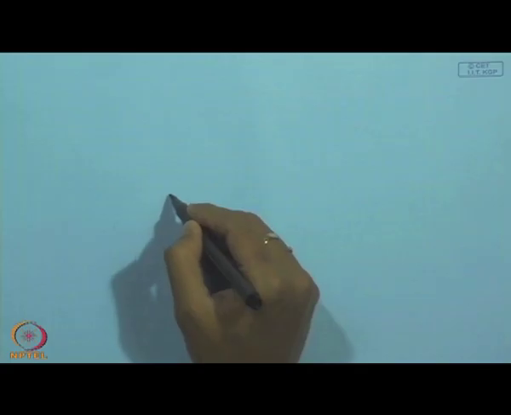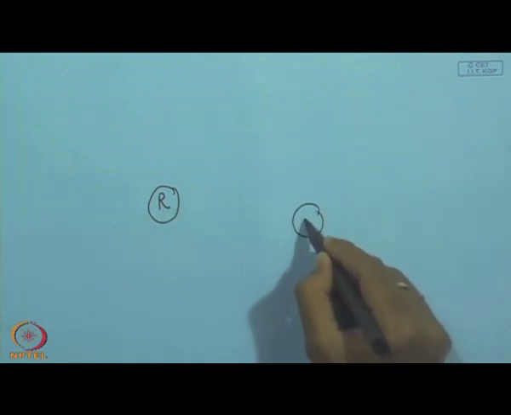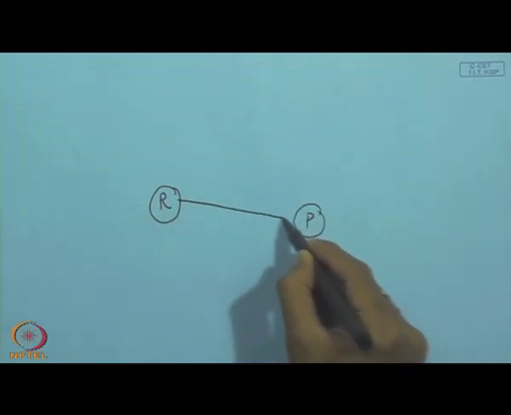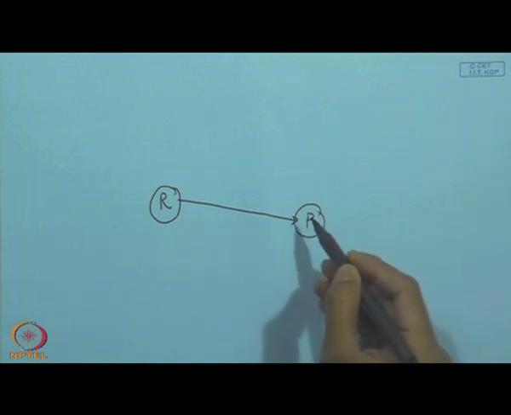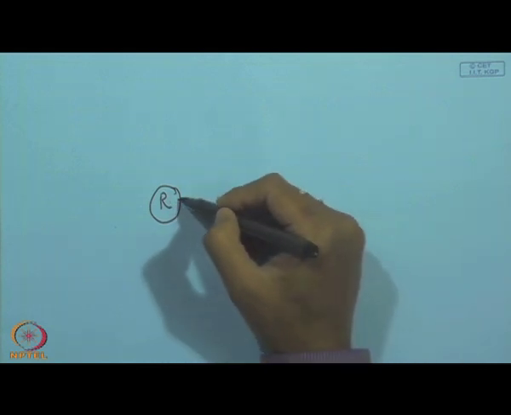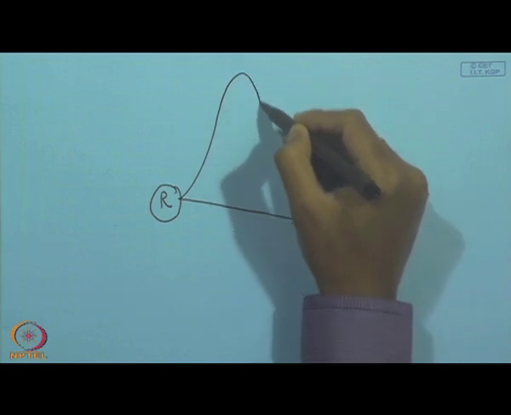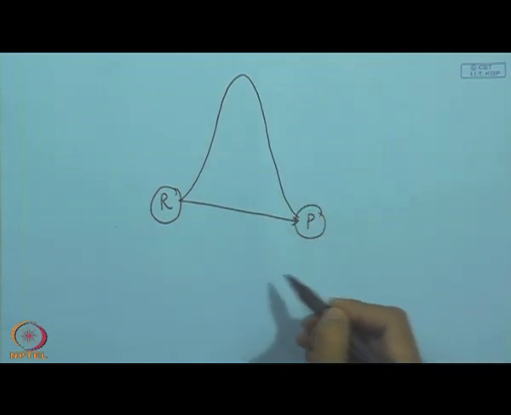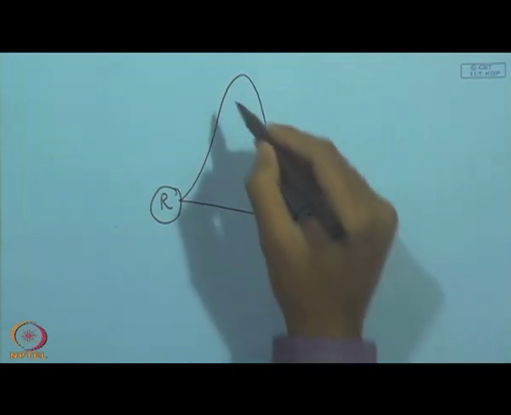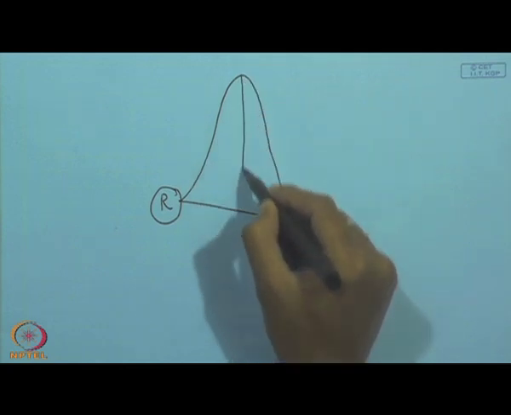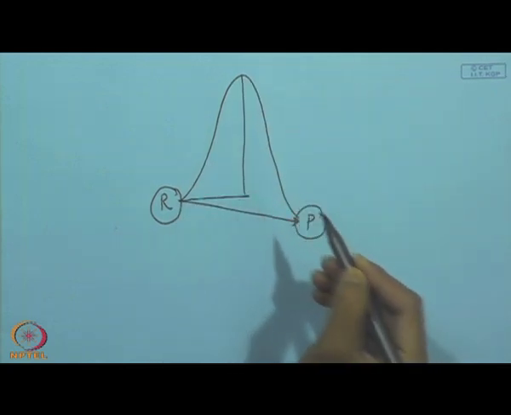If this is your reactant state and this is your product state, you cannot directly move from here to here. There is a barrier like this. You must cross it. This barrier is called the activation barrier.